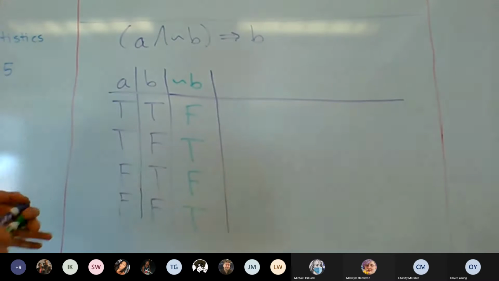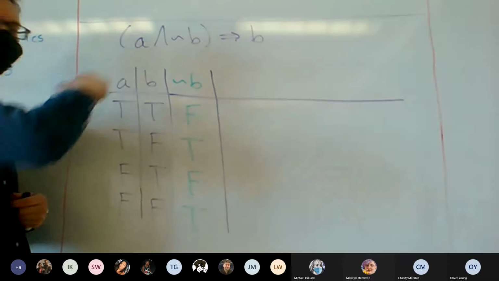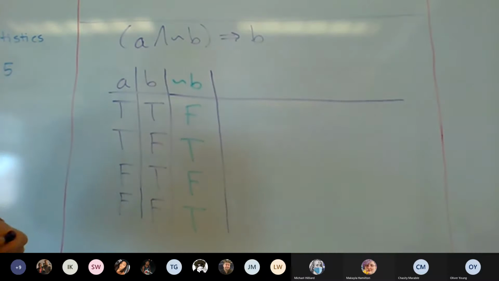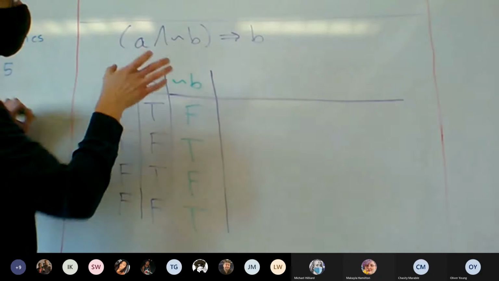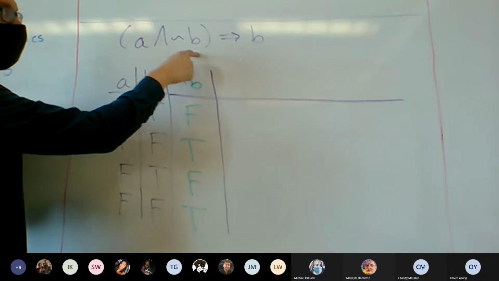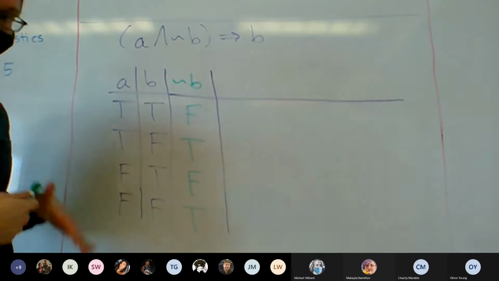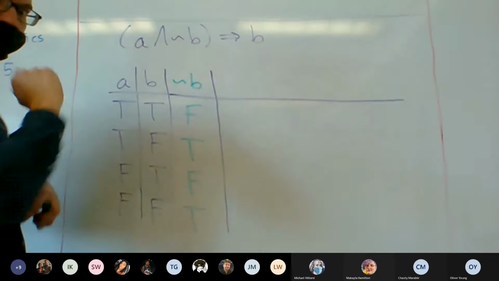Now again, why did I include the negation of B? Well, because it's built into my statement up here. Now my next step is going to be figuring out what the truth output of this thing is. This thing here, A and not B. I'm not going to do A and B because A and B is not involved up here.